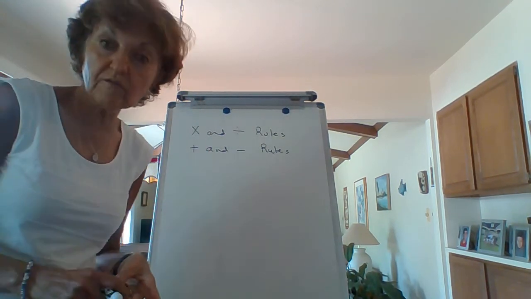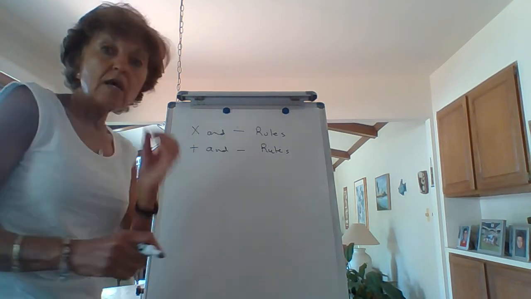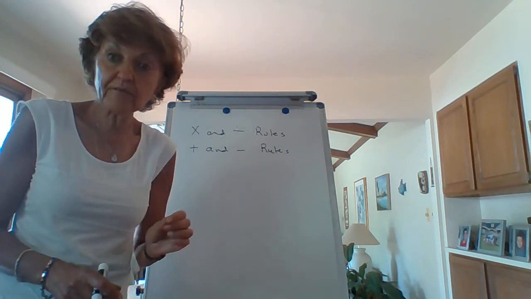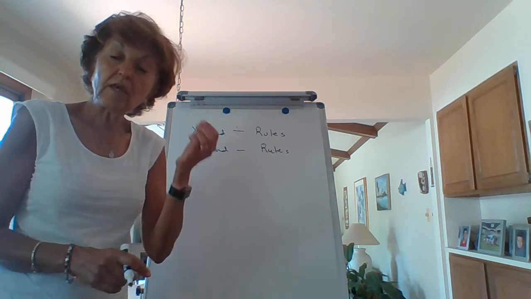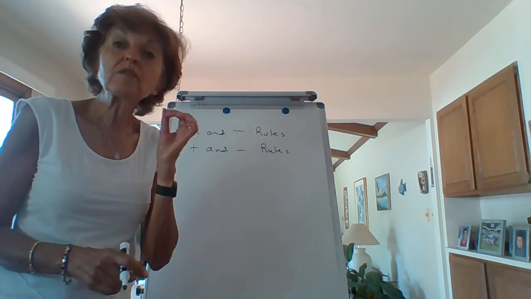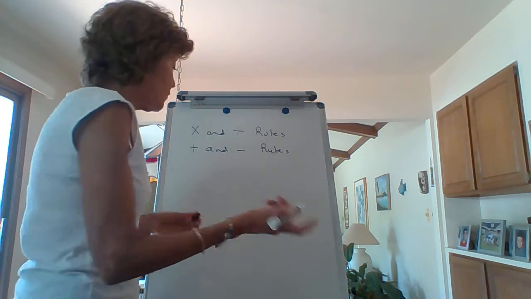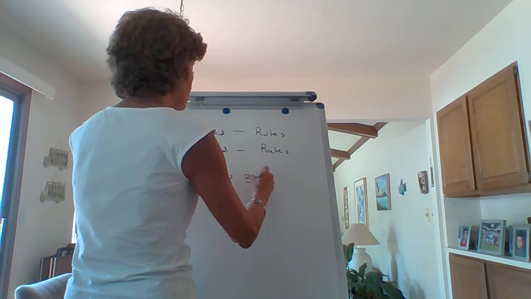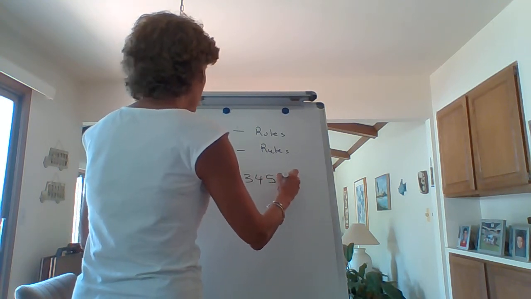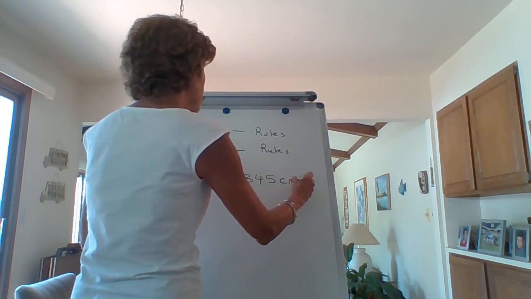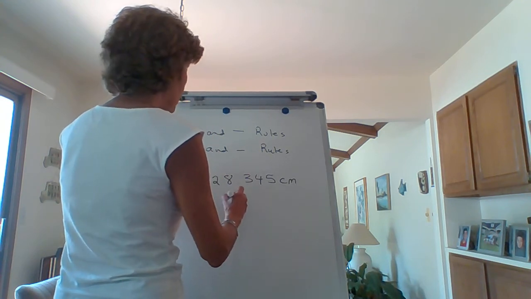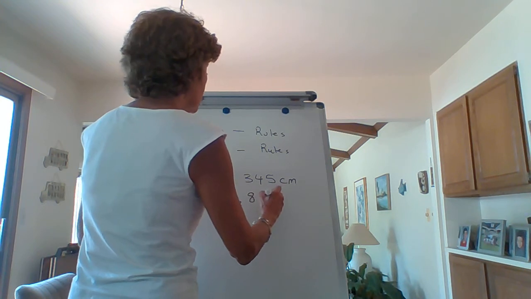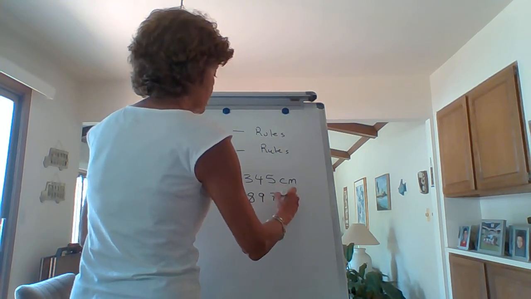All right, so what are the rules of multiplication and division? The final answer has to have the same number of sig figs as one of the measured quantities with the least sig figs. So if you have 2 numbers, let's say I have 28.345 centimeters, and I want to multiply it by 4.897 centimeters.